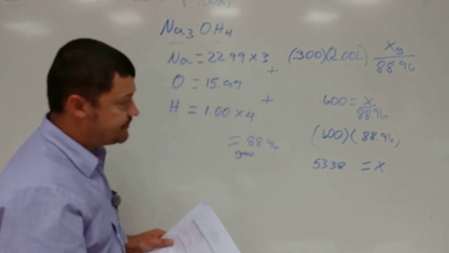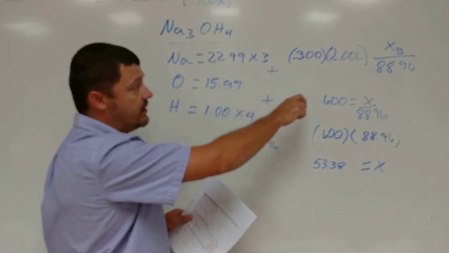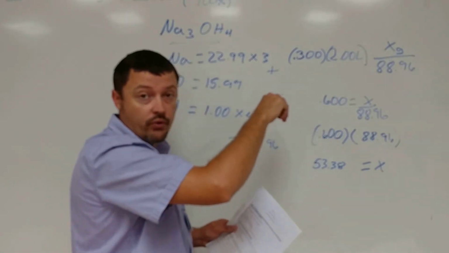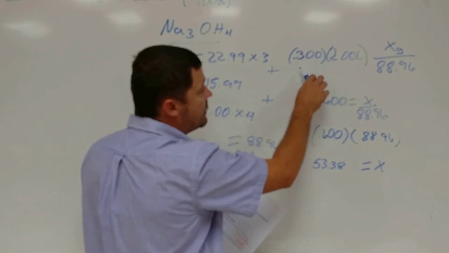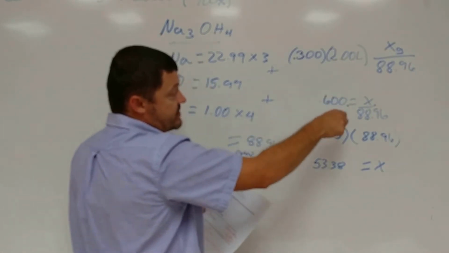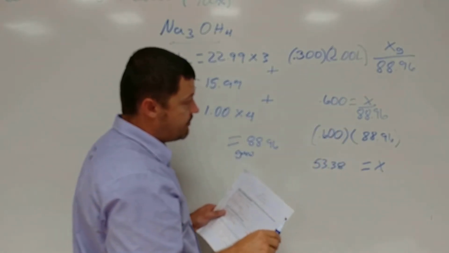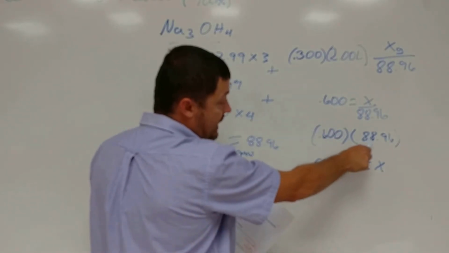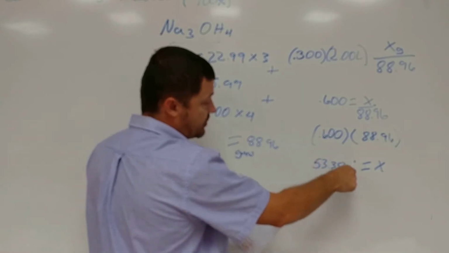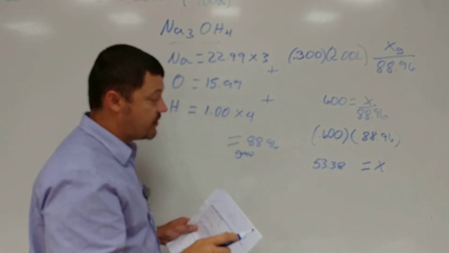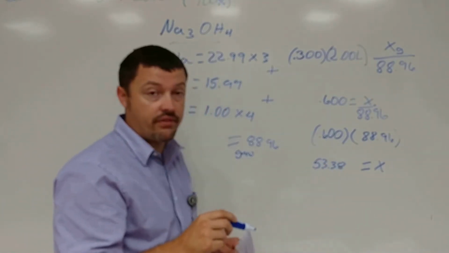So you're just running them down. And again, remember, you've got to remember your order of operations, obviously. So figure your 2 in your parentheses first, then times that by the 88.96 gram molecular weight, and that's going to give us a final value of 53.38.